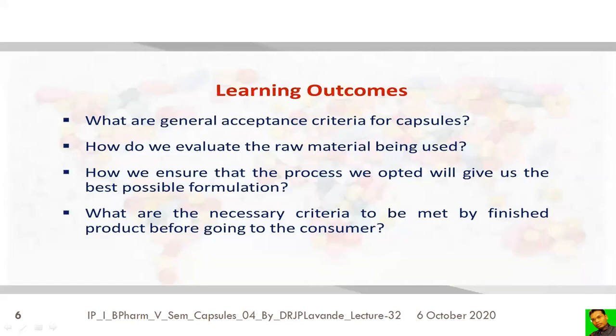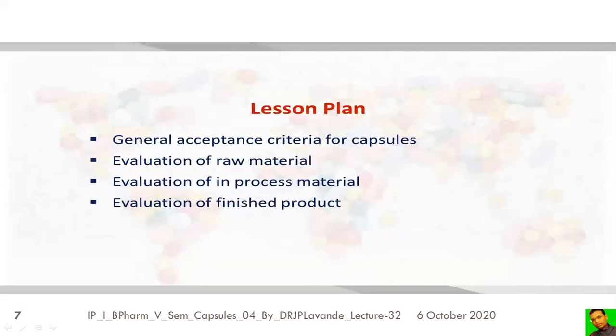We will try to answer all these, and students will be able to understand the answers to these questions. Now, in order to find the answers, our lesson plan will move like this: general acceptance criteria for the capsules, evaluation of the raw material, evaluation of the process material, and evaluation of the finished products.